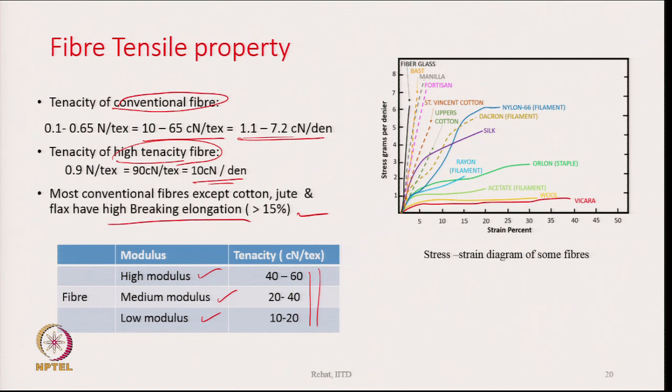High modulus fiber will have a tenacity of 40 to 60, medium modulus fiber will have a tenacity range of 20 to 40, and low modulus fiber will have a tenacity range of 10 to 20 centinewton per tex. That means modulus and tenacity are related: the higher the modulus, the higher the tenacity. Typical stress-strain diagrams of some fibers are given here. This is also available in many textbooks.